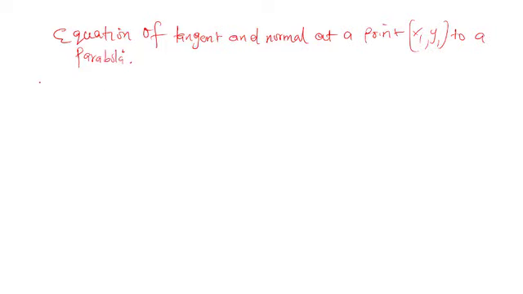Now, the equation of tangent of a parabola, like we stated previously, is y minus y1 over x minus x1 equals 2a over y1. It almost looks like that of the equation of a straight line.